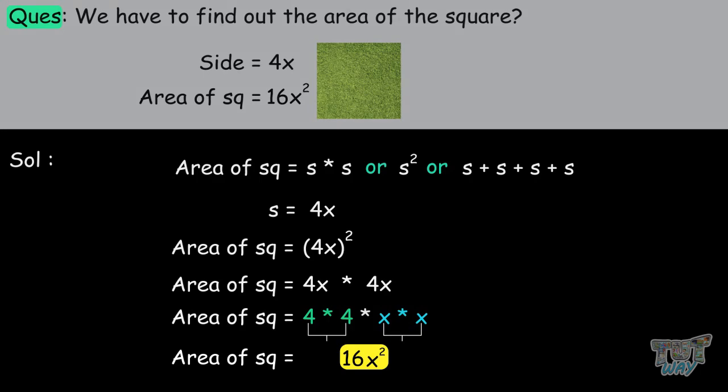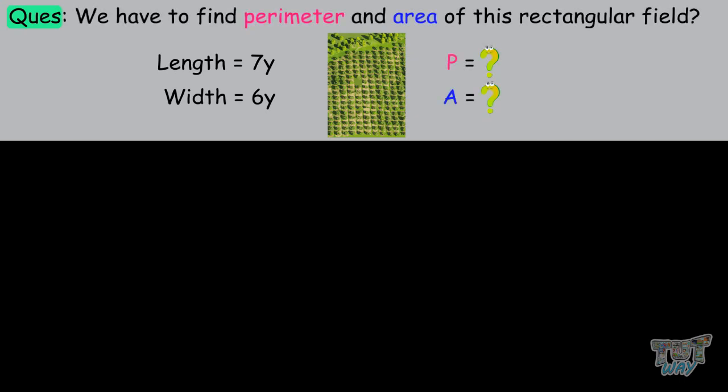Now, next question. Here we have a rectangular field whose length is 7y and width is 6y. Let's find the perimeter and area of the rectangular field. What is the formula for perimeter? It is 2 times length plus breadth.